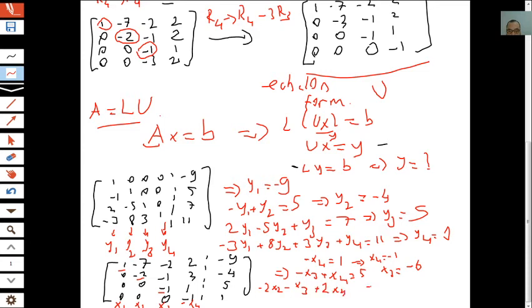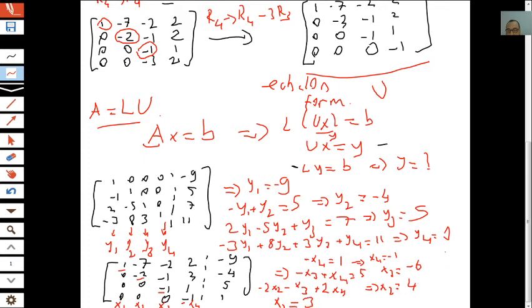So from here x2 becomes 4, and from the first row, similarly you can find x1, which will be equal to 3.